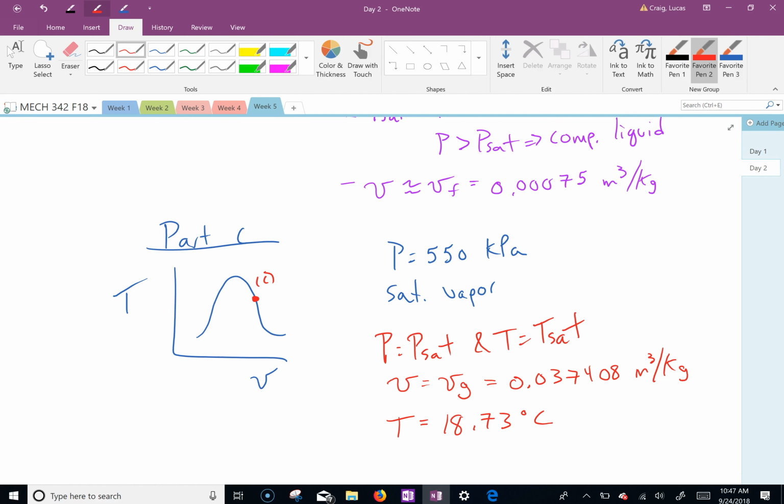Why are we doing this? Because this is the first step when we start dealing with the first law in the next chapter in open systems. So we look at an overall refrigerant cycle. It goes through all these changes. You've got to know what temperatures and pressures you're at because you can relate those back to work and power.